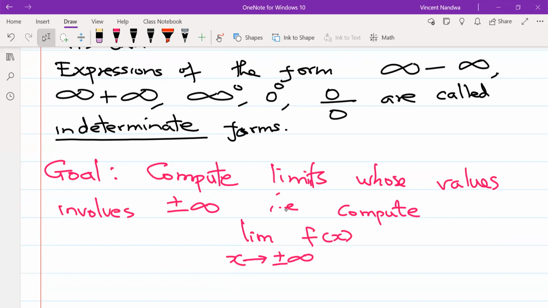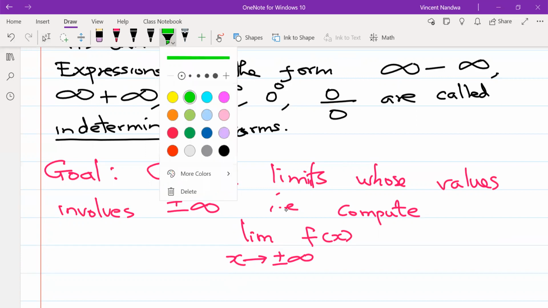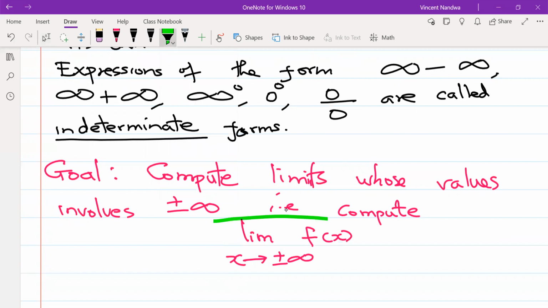So these are the kind of questions we are going to be dealing with. How do you calculate limits where the x value is approaching either plus or minus infinity?